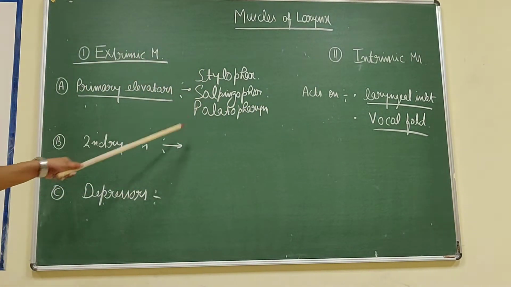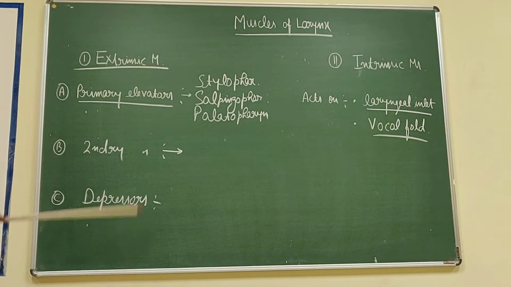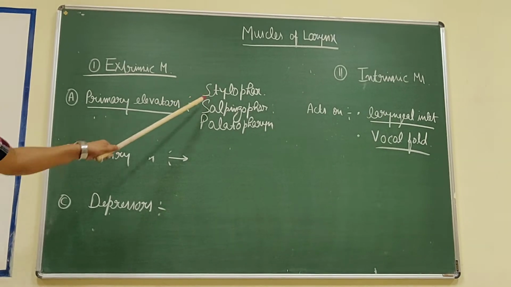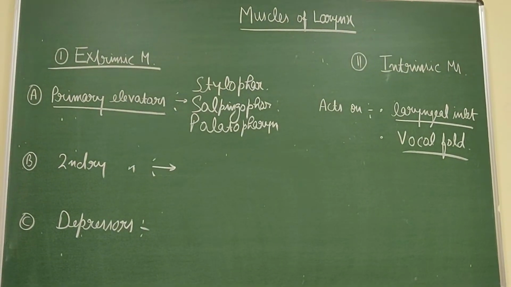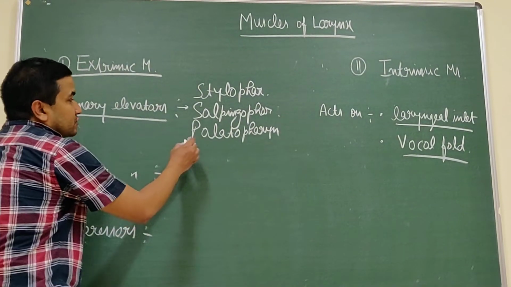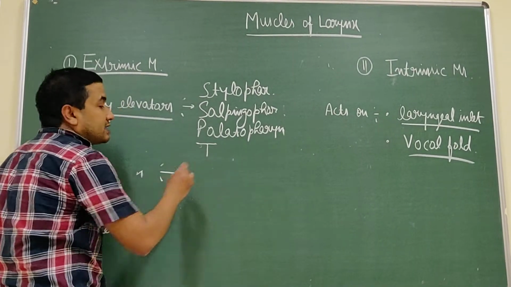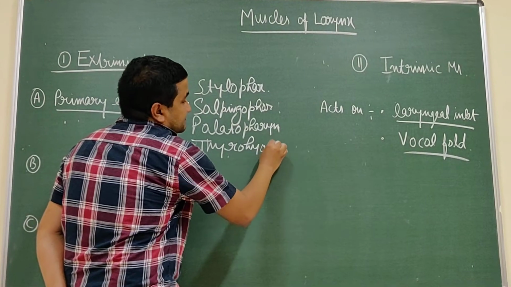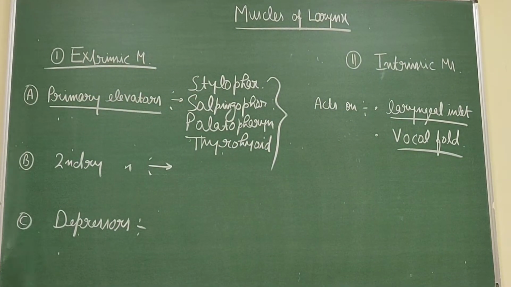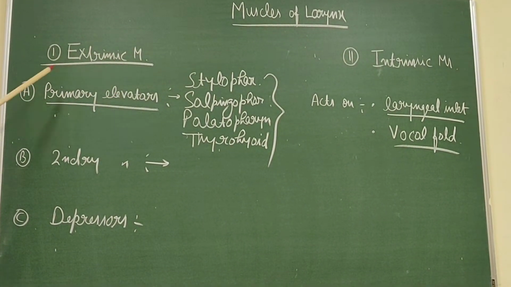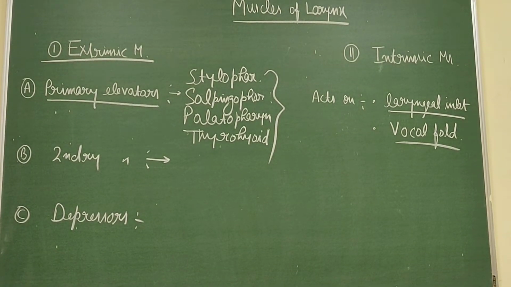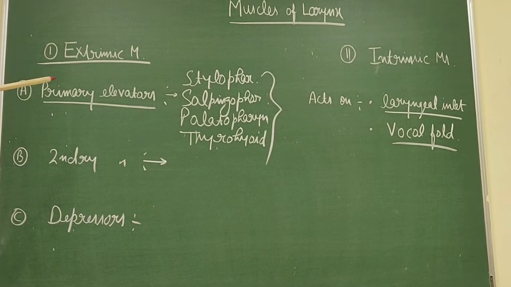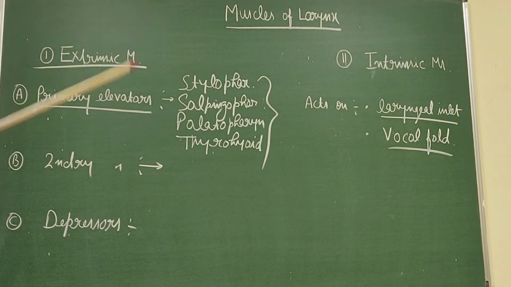These are the three longitudinal muscles of the pharynx that are attached to the thyroid cartilage. They elevate the larynx, so they are primary elevators. And one muscle is attached to the oblique line of the thyroid cartilage, that is the thyrohyoid. These four muscles come in the category of primary elevators, meaning they directly elevate the larynx because they are attached directly to the thyroid cartilage.